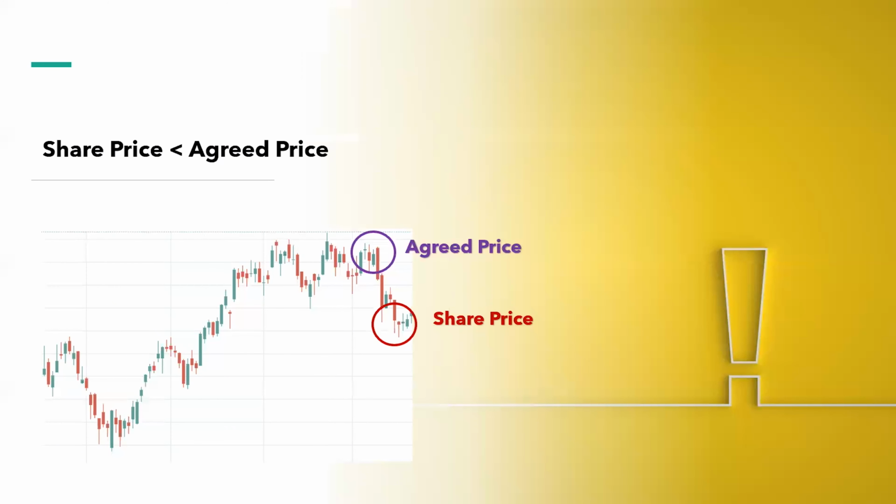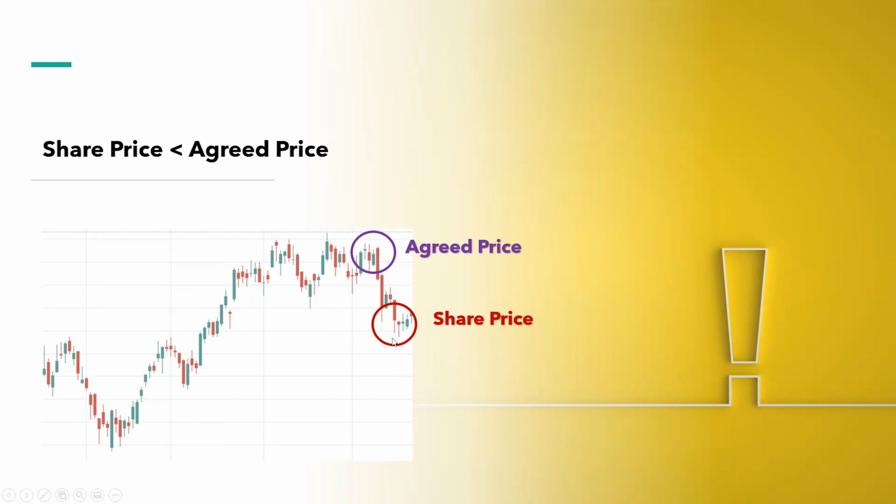Now, I just want to highlight another very, very important point, which I have actually talked about a couple of times in this whole video. This may be the strike price or agreed price when you carry out the sell put condition. But on expiry, the share price drops below the agreed price, and it is possible to happen.